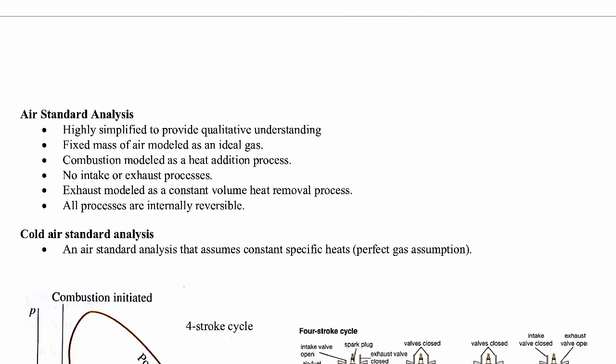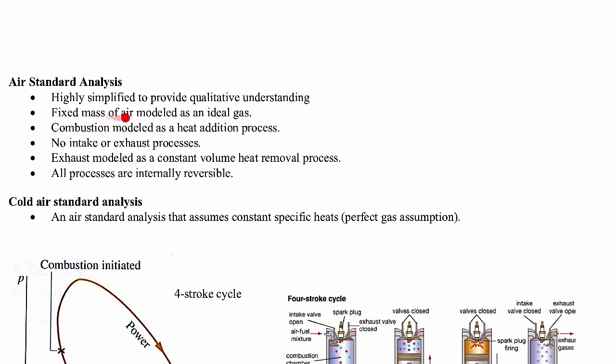It's always the same mass of air. In addition, we're not going to model a fuel-air mixture. It'll just be air. We're not going to worry about any of the chemistry involved in that process, and we'll model the air as an ideal gas. So it's a fixed mass of air modeled as an ideal gas.